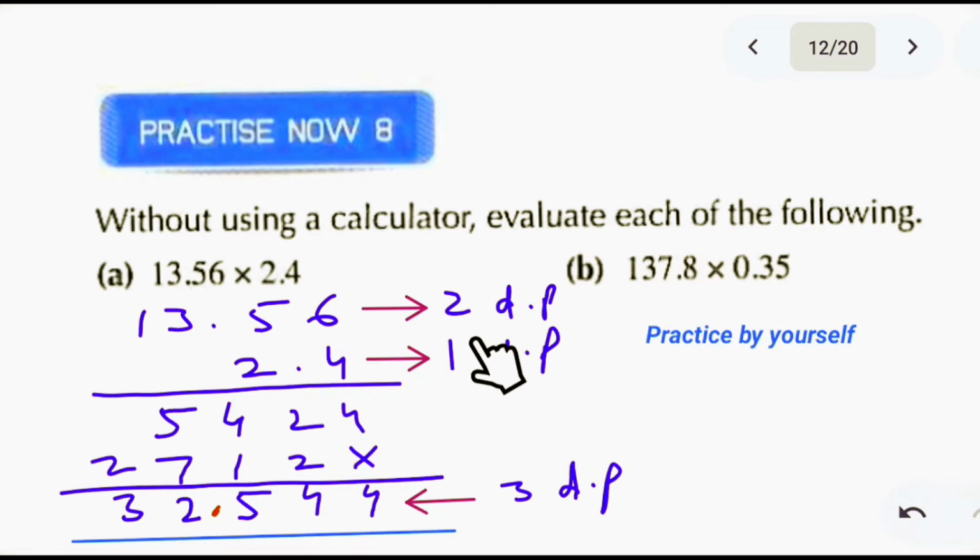We add them, 2 plus 1 is 3, so the answer will carry its decimal after 3 places. Counting 1, 2 and 3 from the right, the decimal goes over here. So the answer is 32.544. Again, the second part of this practice question should be solved by yourself to practice this concept.